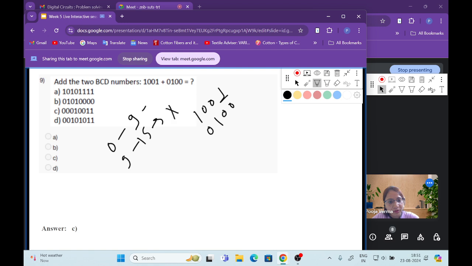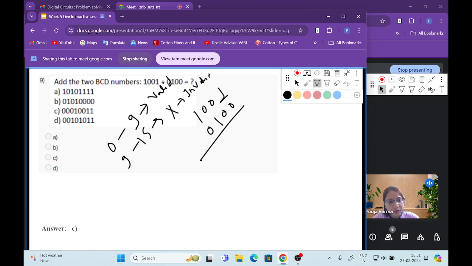So if it's 0 to 9 it is a valid BCD number, and if it's above 9 or any other number, it is an invalid BCD number.